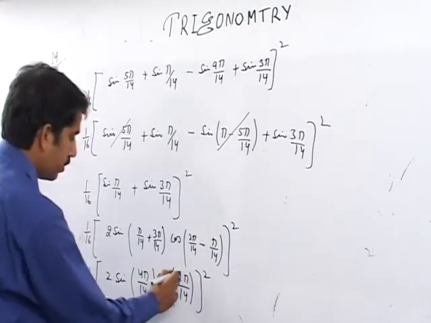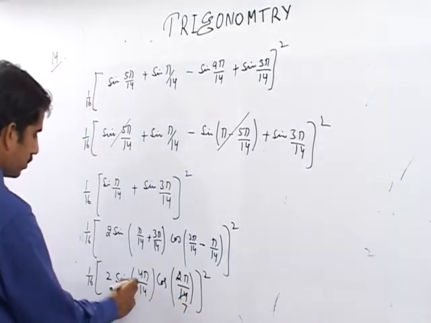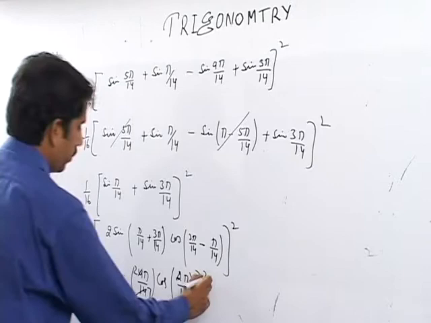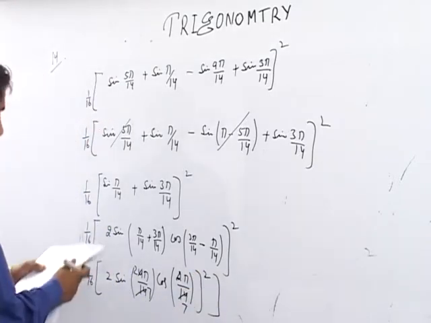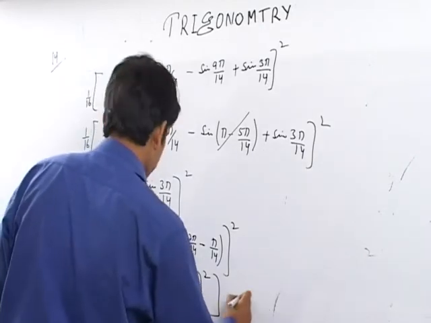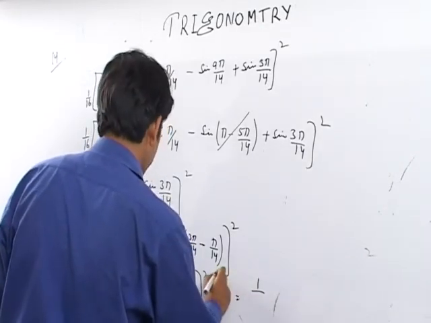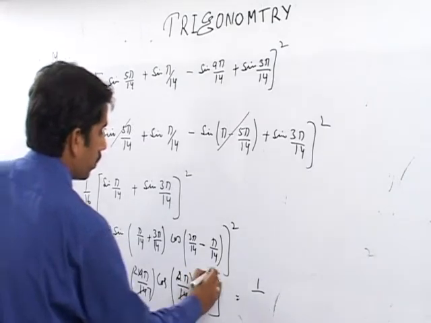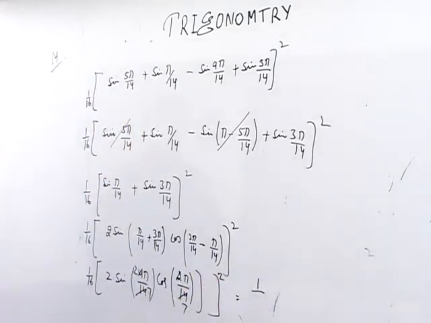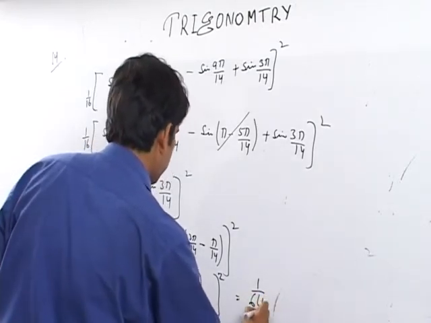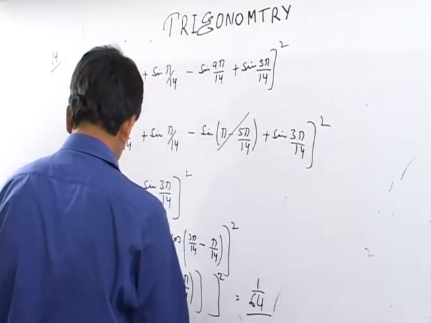Now this will be pi by 7 and this will be 2 pi by 7. When you solve this, then you will get 1 by 64.